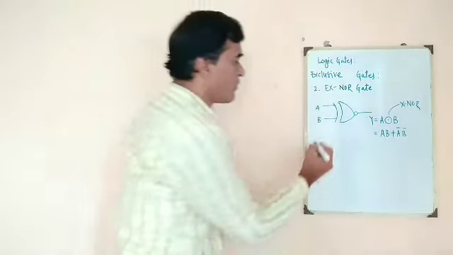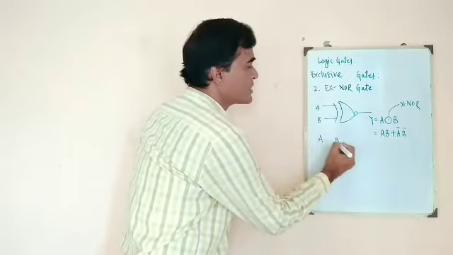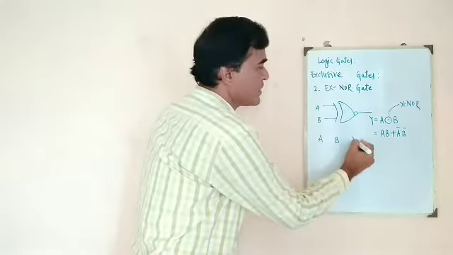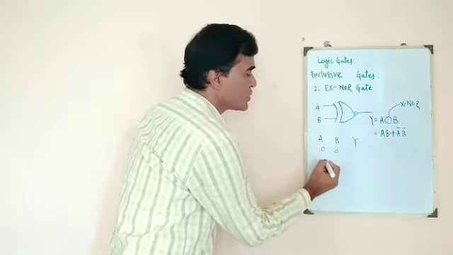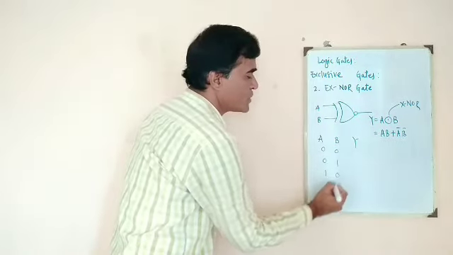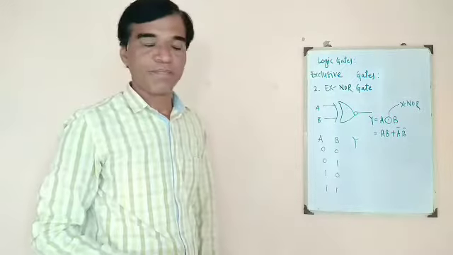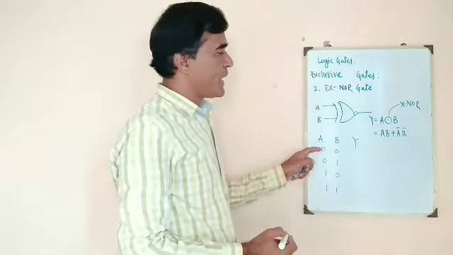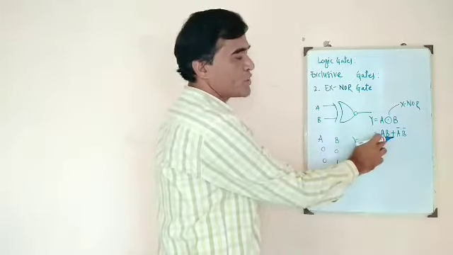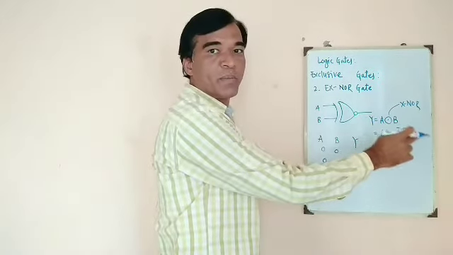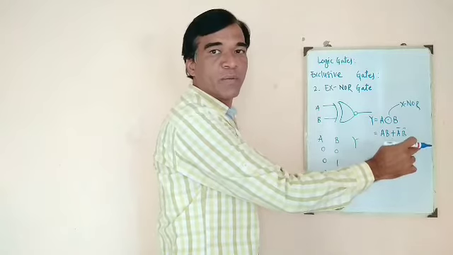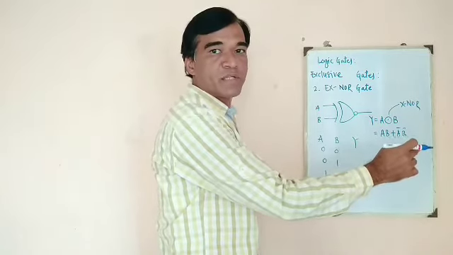The truth table for this: list the different input combinations, then find out the output. The different input combinations are 0, 0, 0, 1, 1, 0, 1, 1. If I substitute A and B both 0, here you will get 0 dot 0, which is 0, plus 0 complement dot 0 complement, which is 1.